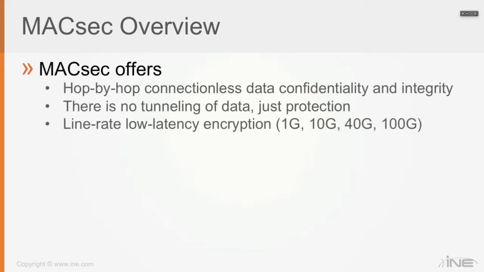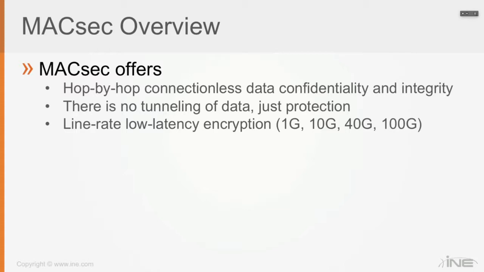Now, look at MACsec. As we said, MACsec offers hop-by-hop connectionless data confidentiality and integrity, like an IPsec tunnel or SSL tunnel, from the protection point of view. But there is no tunneling of data, just protection, because we're going to encrypt everything above layer 2.